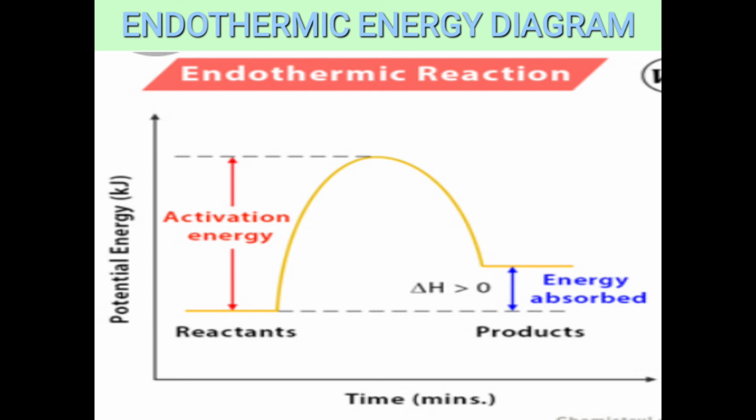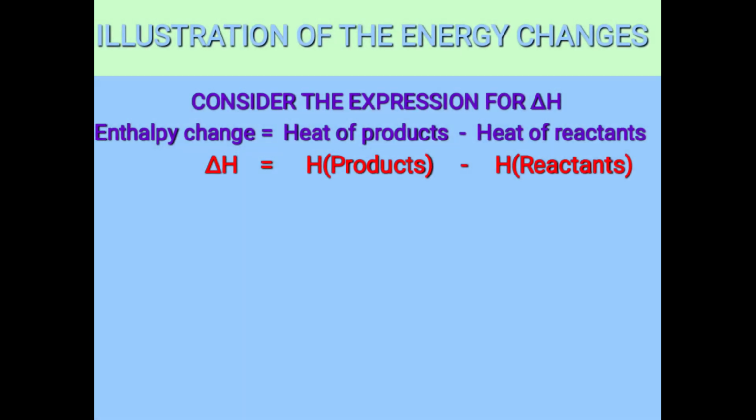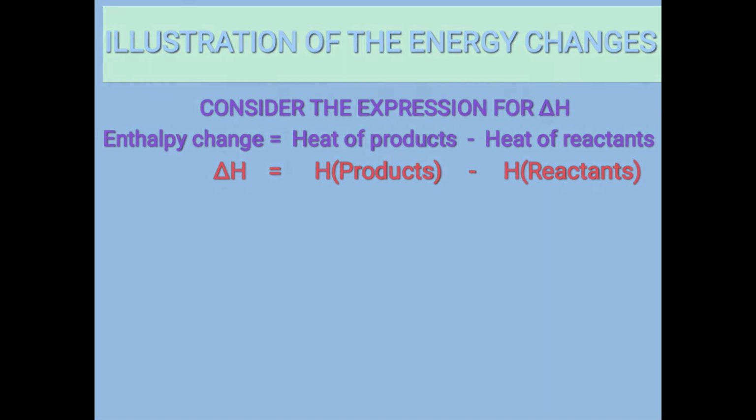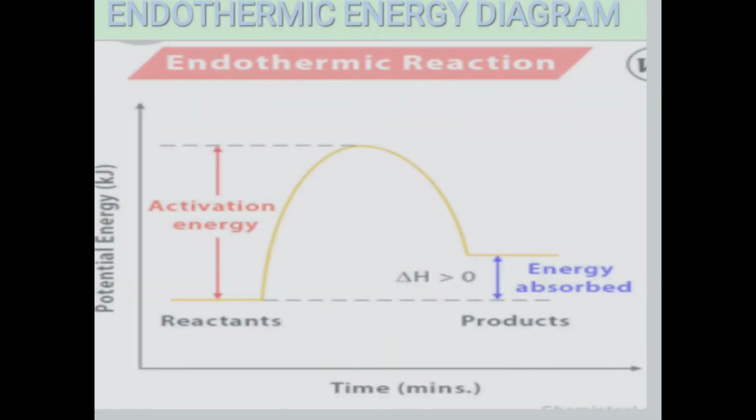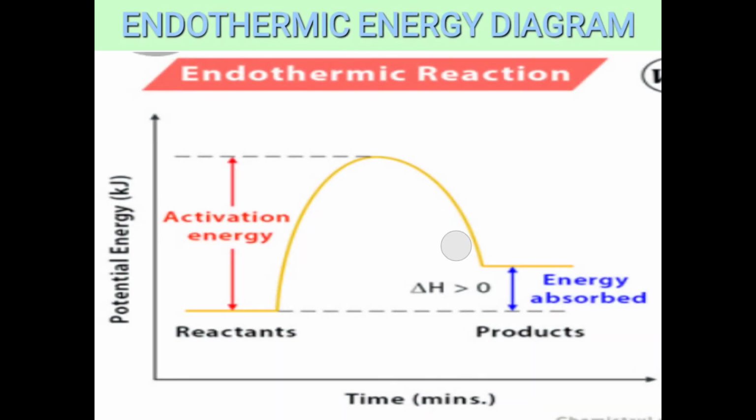If you insert this in the expression we have looked at here, if products are more than reactants, we shall get a positive value. And a positive value is greater than 0. So that's why here the ΔH is greater than 0. Hope you see it here.